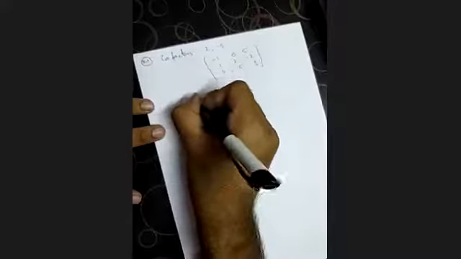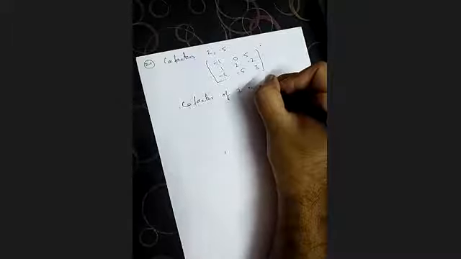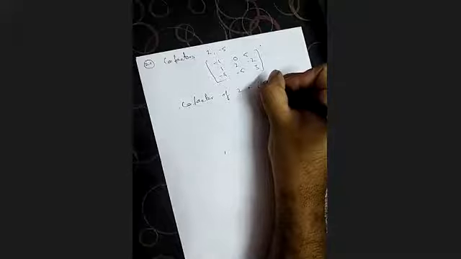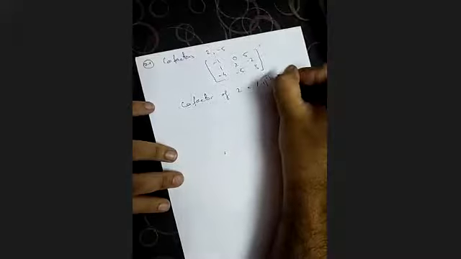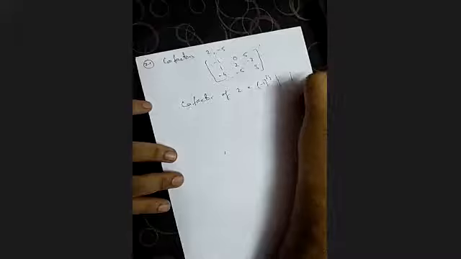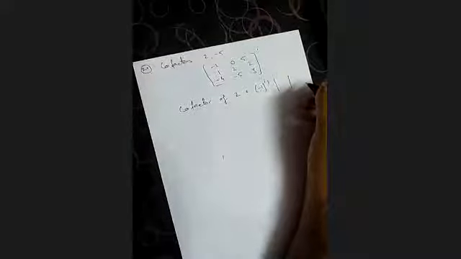So, cofactor of 2. What was the formula? Minus 1 whole power i plus j into the minor.